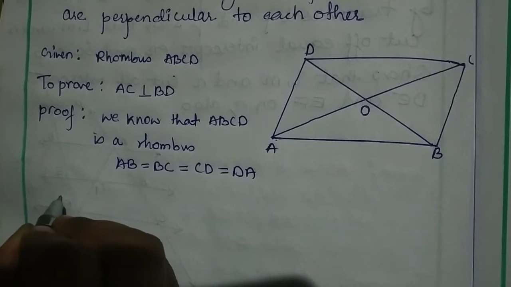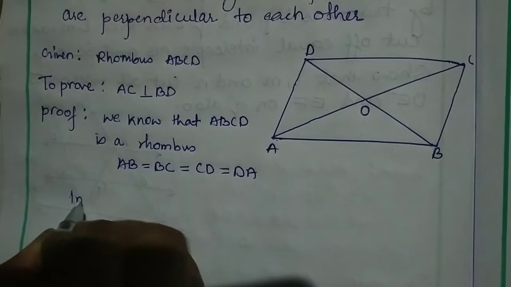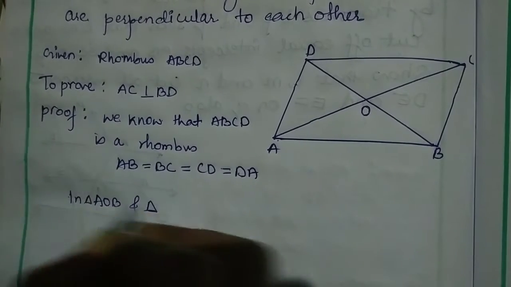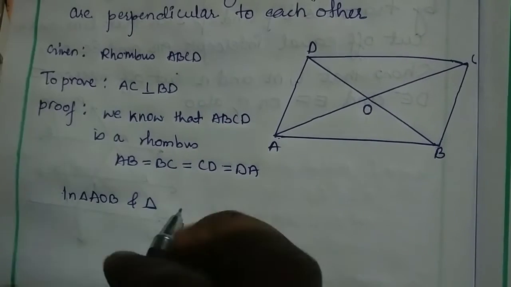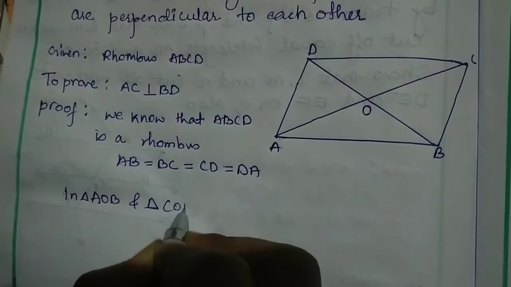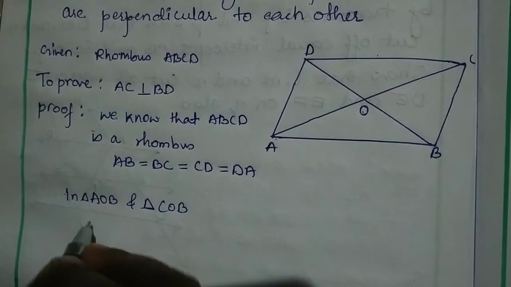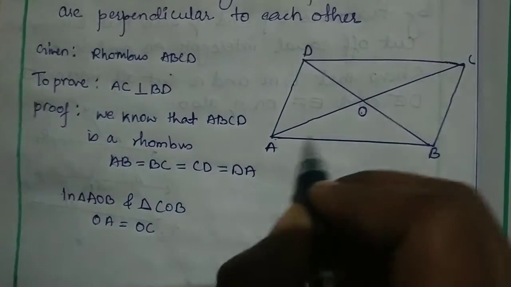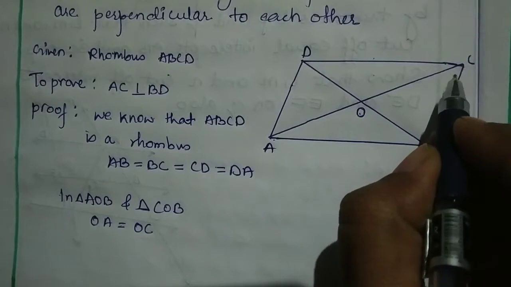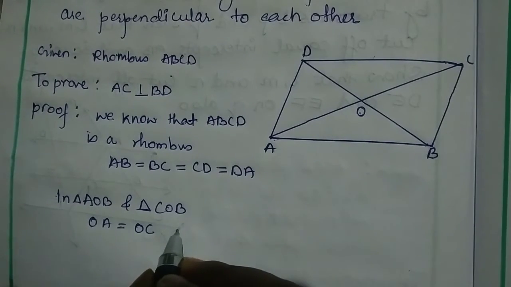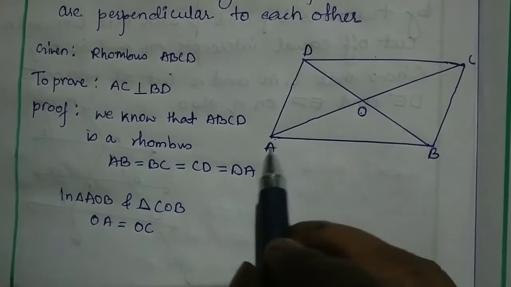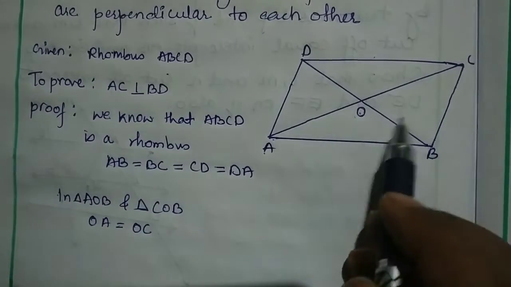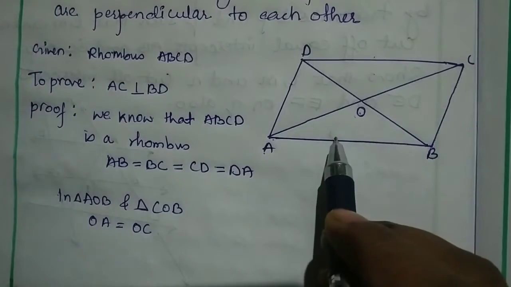Now let's take triangle AOB and triangle COB. We need to deal with these two triangles.